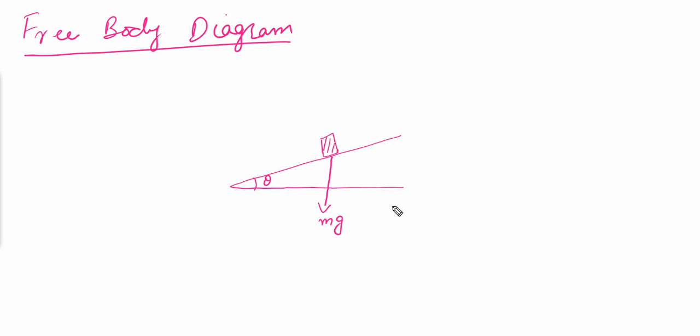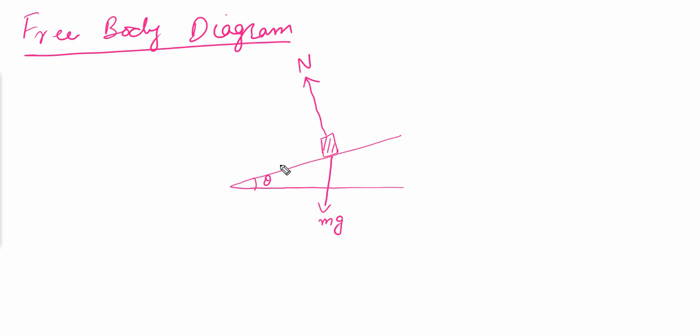So the sum of all the forces exerted on this object will be equal to 0. First of all, we'll see how many forces are acting on this object. First, the weight. The next force is the normal force, which is perpendicular to the plane on which it has been placed. So this is the normal force.